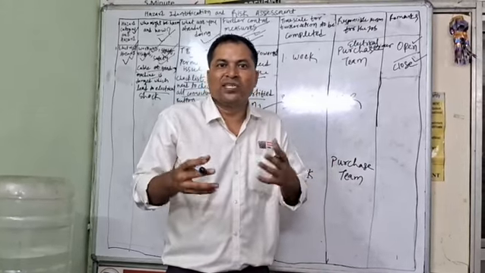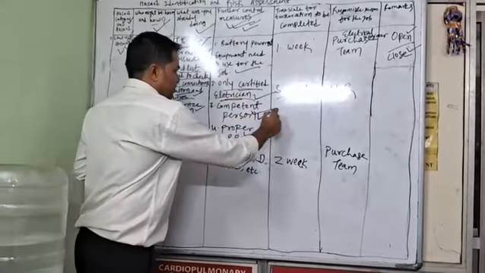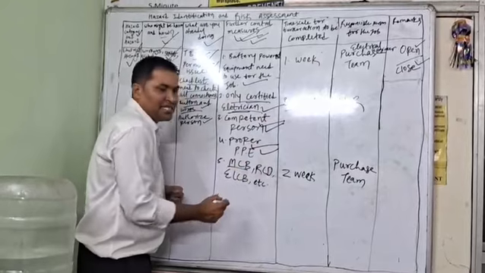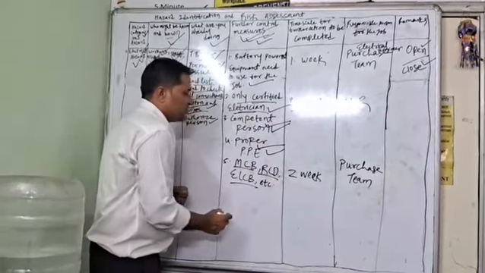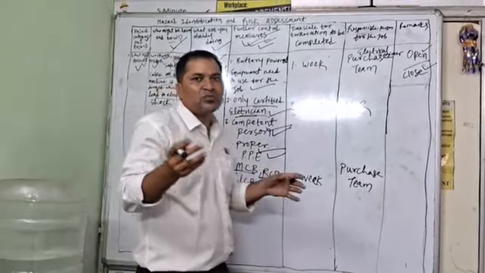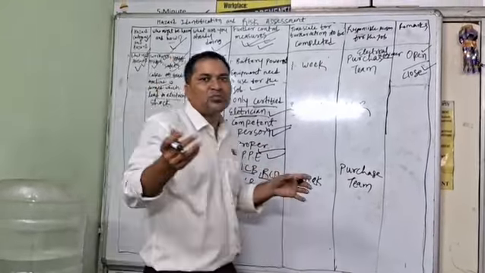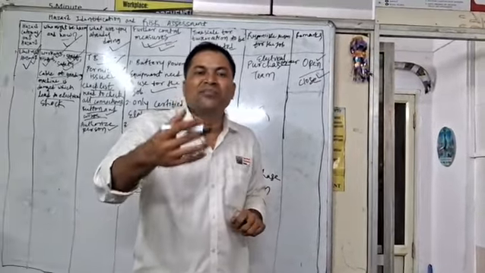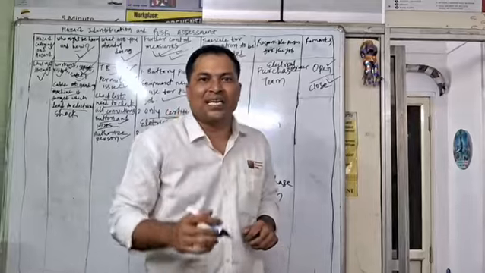So certified electricians, then a competent person, proper PPE, and you have to go with MCCBs, RCDs, ELCBs. If suppose you get a shock, the ELCB or MCCB will automatically trip down. That is the main advantage while working with electrical equipment.